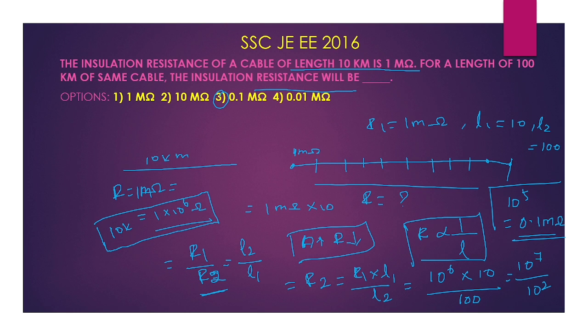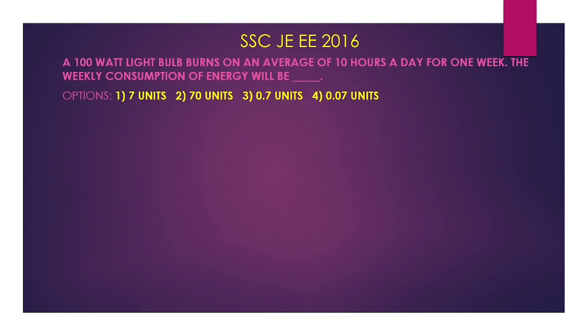Okay friends, now we will solve the third question. A 100 watt light bulb burns on an average of 10 hours a day for 1 week. The weekly consumption of energy will be dash. Okay, this is the question. Consider this is the lamp.